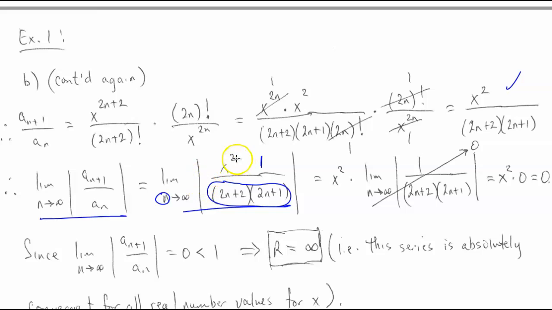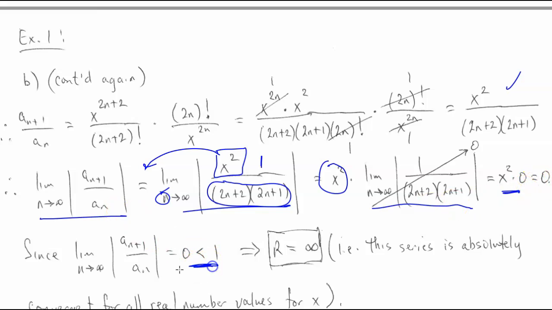That is what we're actually going to take the limit of. This x here, because the n and the x don't match, is going to be looked at as a constant, so we can pull it out. And then afterwards, we take the limit of what's left. This is a rational function where the denominator has higher degree than the numerator, so we know that goes to 0. So then we just have x squared times 0, which is 0.